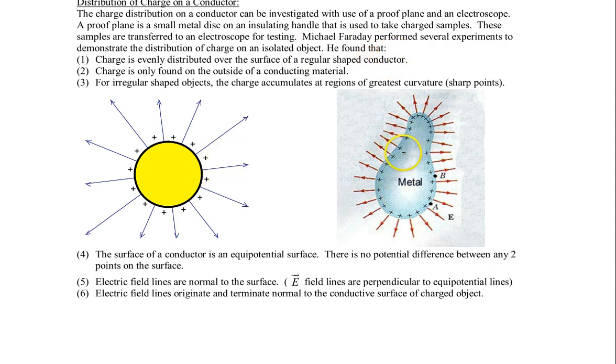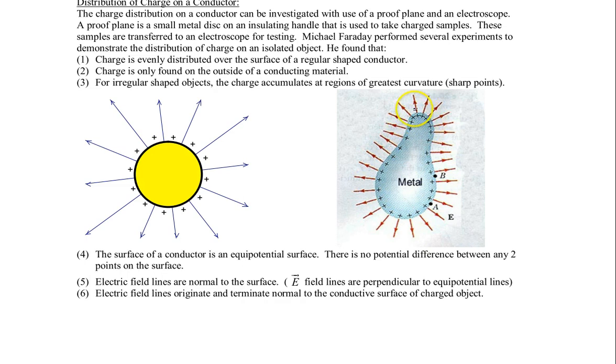First of all, under electrostatic equilibrium, that's basically when the charges are stationary, we find that when the charges are all repelling each other and finally come to rest, then on a regularly shaped object these charges will all be evenly spread out. However, if you look at an irregularly shaped object, you'll notice that there's more charge around this greater curvature.